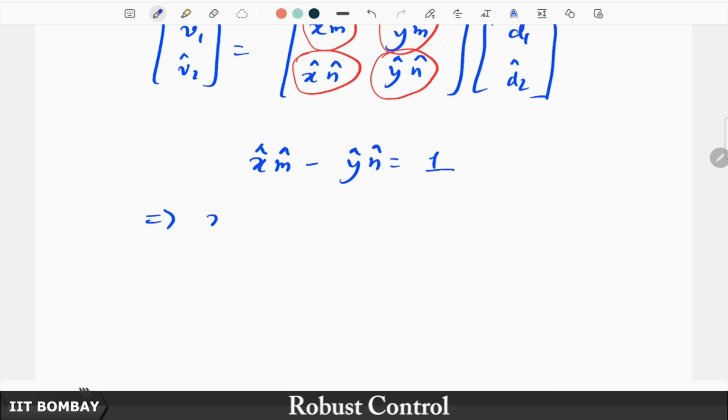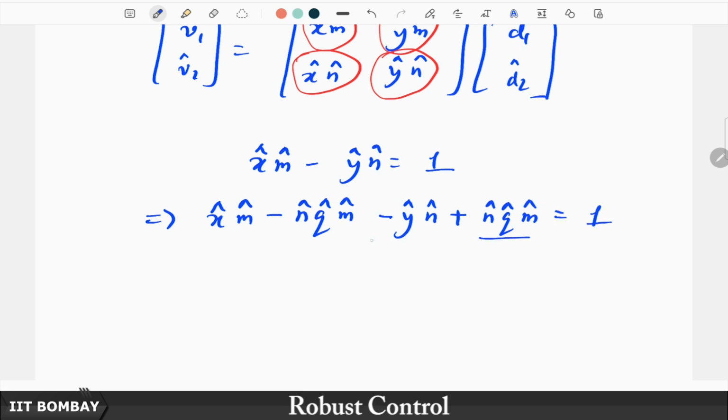What I am going to do is I am going to add and subtract a common quantity. So, I have just added and subtracted this thing in common, nothing special, right, no big deal.